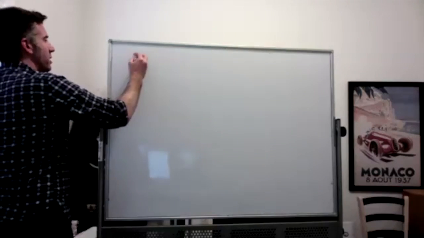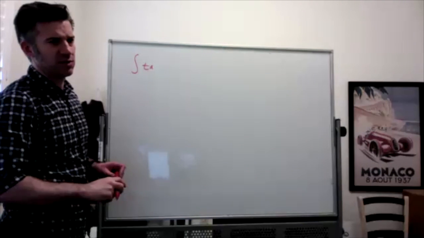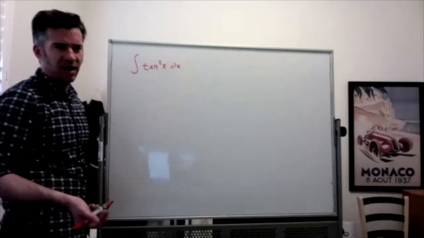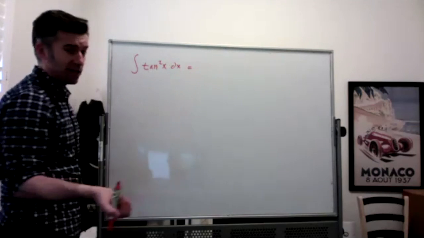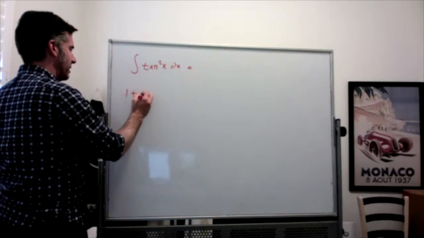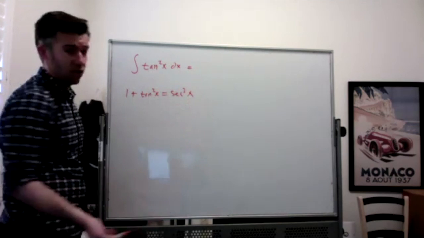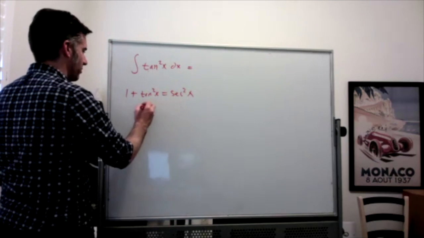Here's one that's tricky if you've never seen the trick. I think we talked about this one already. I'm going to do it real quick. Tangent squared. I think this one came up last time. The integral of tangent squared, you use the trig identity 1 plus tangent squared x equals secant squared x. And you solve for tangent squared.